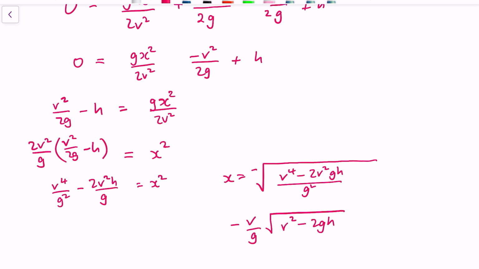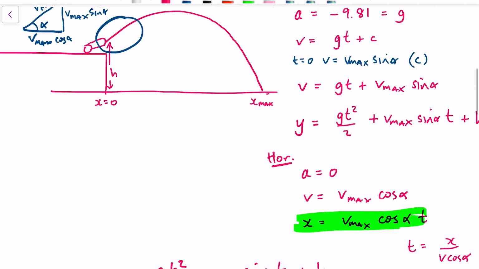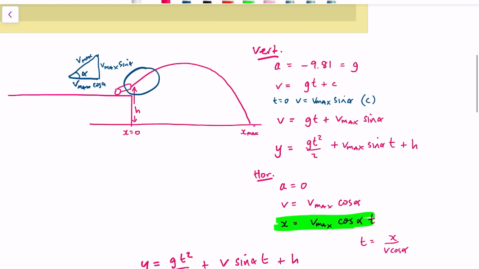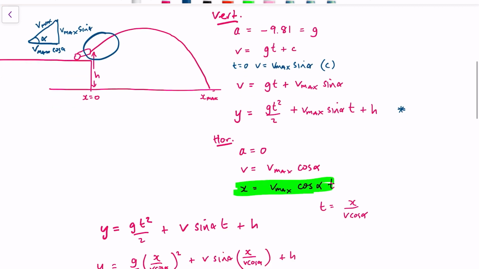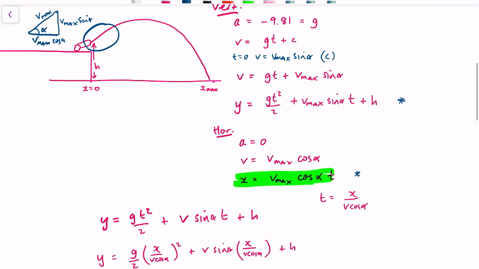But that there is the maximum value of x, and you could make a Desmos graph to check that, because you can play around with different values of alpha using the parametric equations which we started with. Use this equation here as your y value, this equation here is your x value.